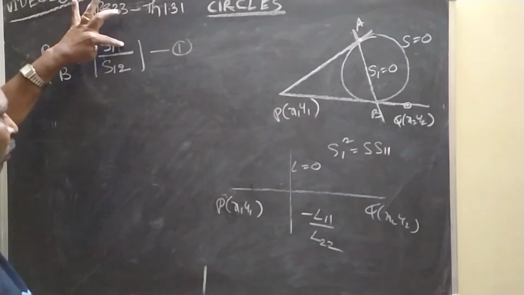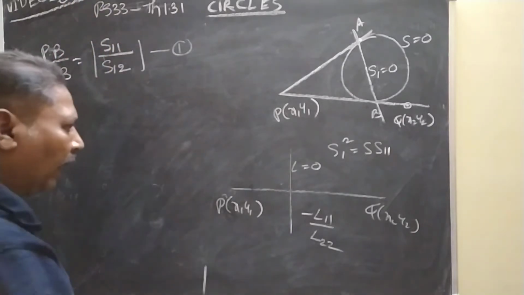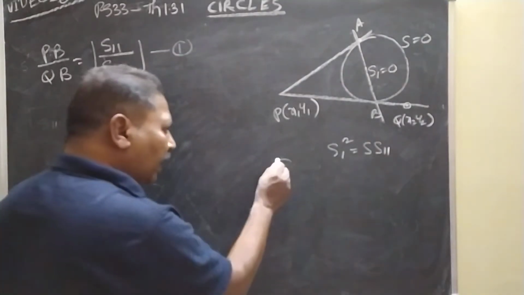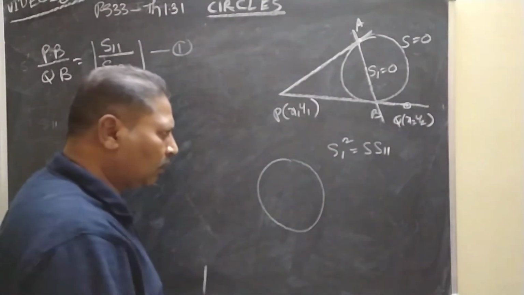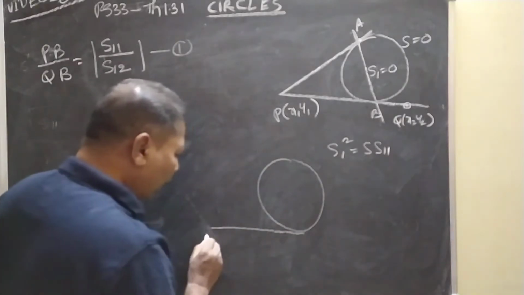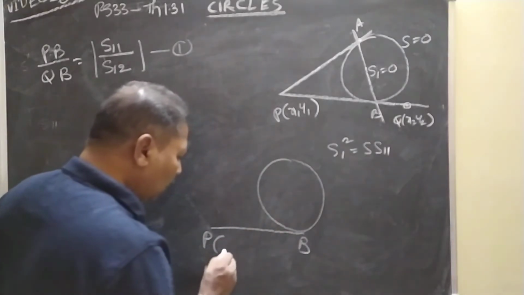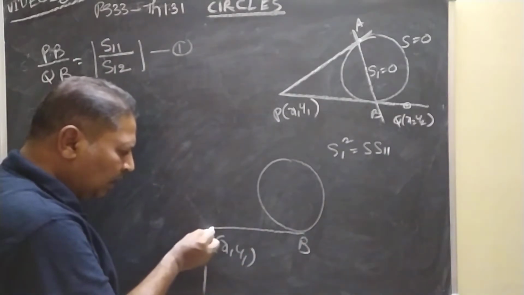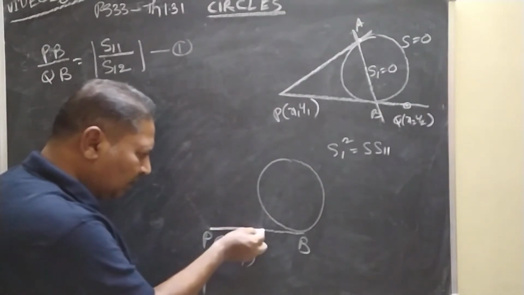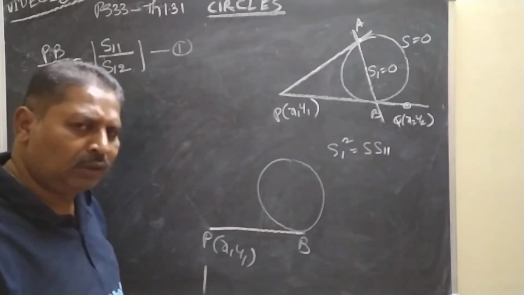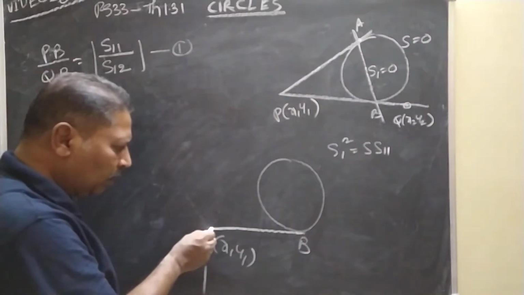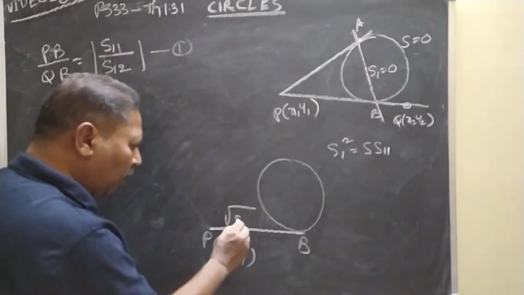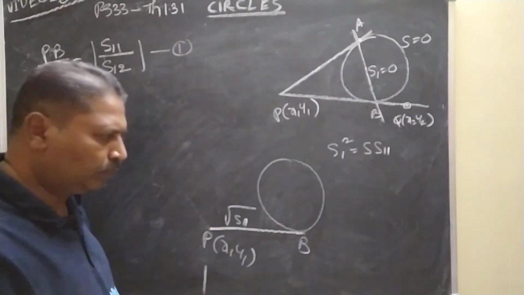So S11 by S12. Next, in the senior concept, this is the line equation, circle equation. This is the P point, this is the B point, (x1, y1). This is nothing but the length of the tangent from P to B point. Length of the tangent formula is root S11.